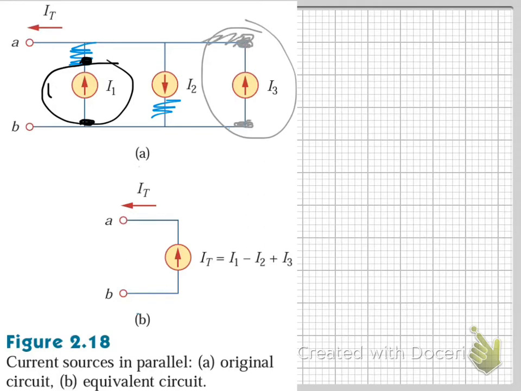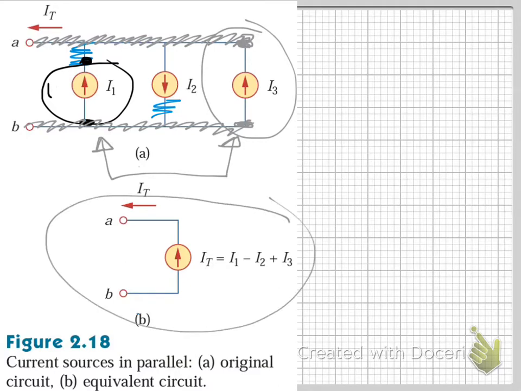This node here is there and your bottom node is there. So these two current sources are not in parallel because they're not connected to the same two nodes. When you have a resistor in series with your current source, you cannot say that they are in parallel, right? Only when the resistor is in parallel with your current source can you do the step right here. That's also something you should watch out for.